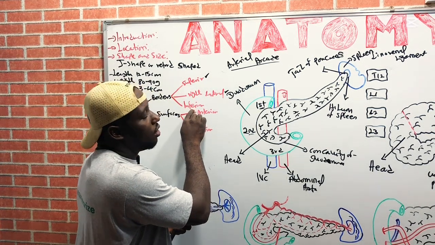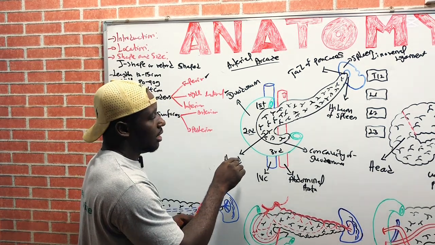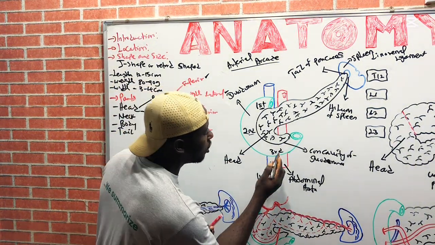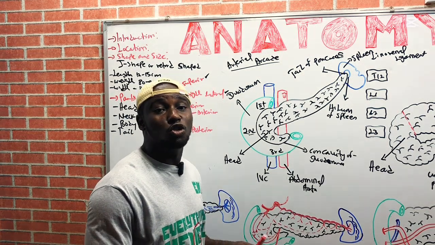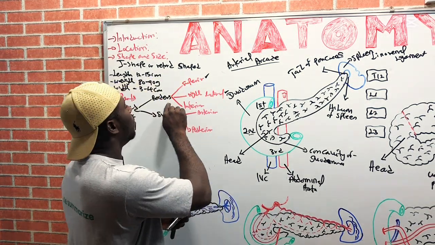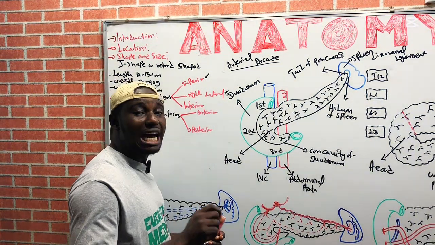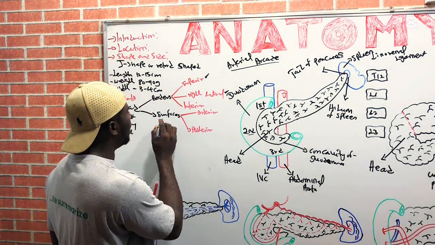The inferior border of the head of the pancreas is related to the third part of the duodenum and also to the inferior pancreaticoduodenal artery. Those are the relations of the borders of the head of the pancreas.